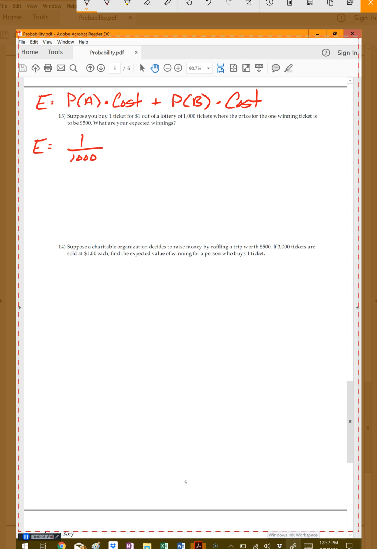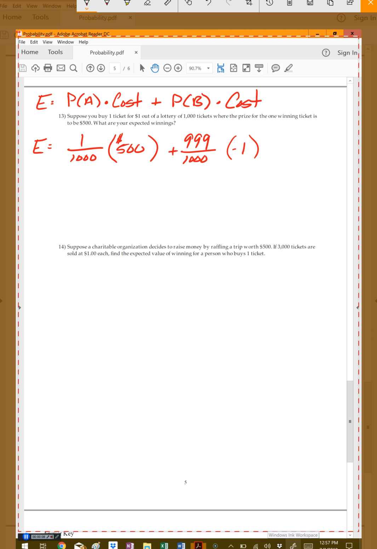Okay, so this is the probability of A, and we will multiply that times the cost of that particular probability or that occurrence. And there's really not cost with this. It's actually a good thing, a 1 in 1,000 chance that we're going to win $500. Okay, so that's our money. But also to factor into that, we have to be conscious of the fact that there are 999 chances out of 1,000 that we're going to lose our dollar.